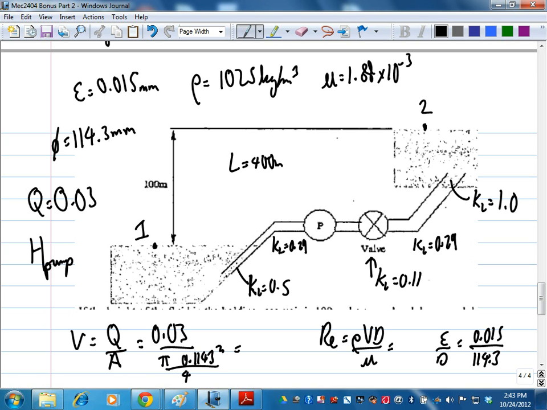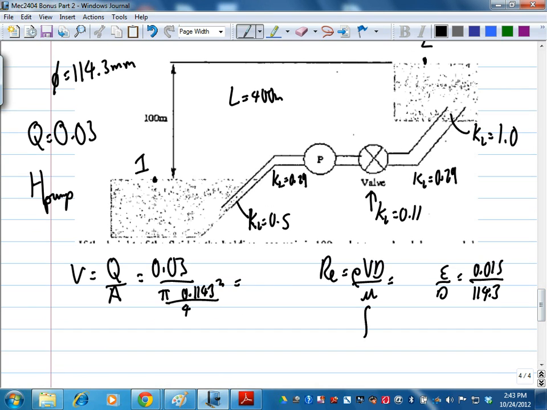Okay, what's the velocity? And what's the Reynolds number? And then we look up F. And then after that, we put in the energy equation.